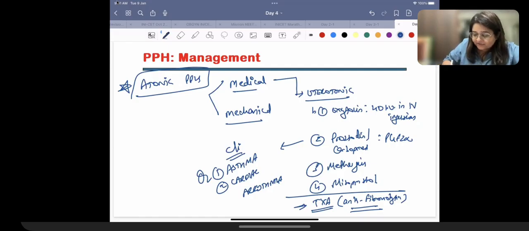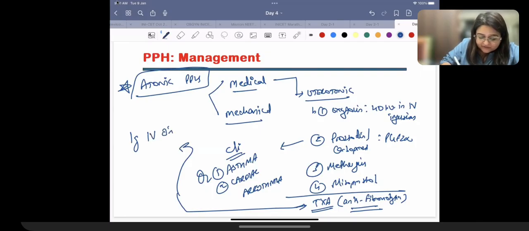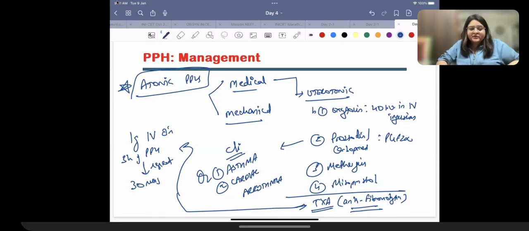Tranexamic acid should be given 1 gram IV within 3 hours of PPH, and the dose can be repeated after 30 minutes. Same dose can be repeated if required after 30 minutes. This is something new which the WHO now recommends.